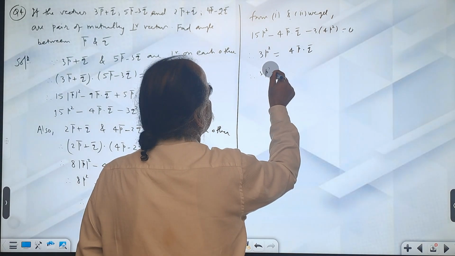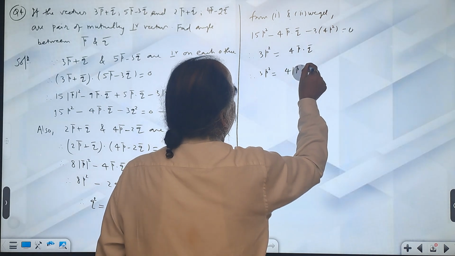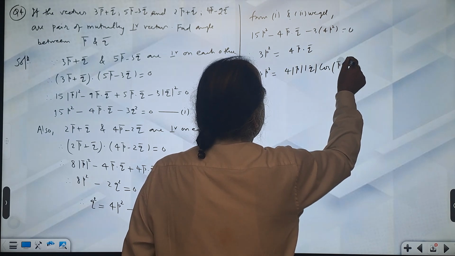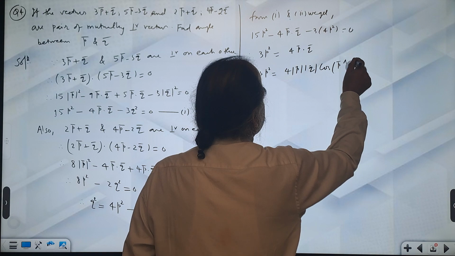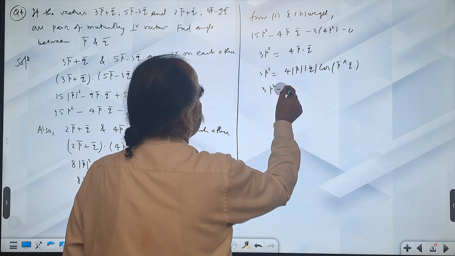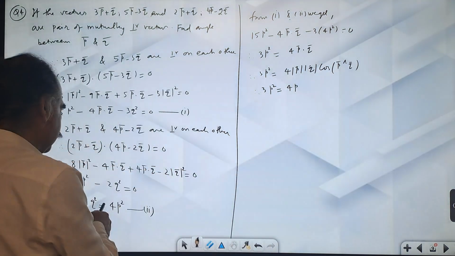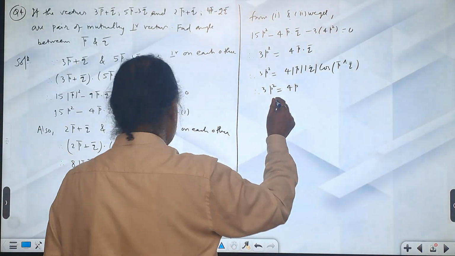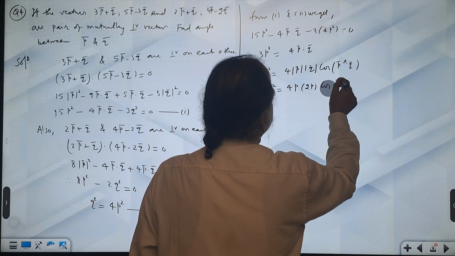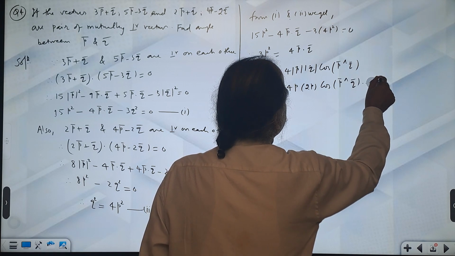So 3p square is equal to 4 mod p mod q cos of angle between p bar and q bar. And q is nothing but 2p, from 2.